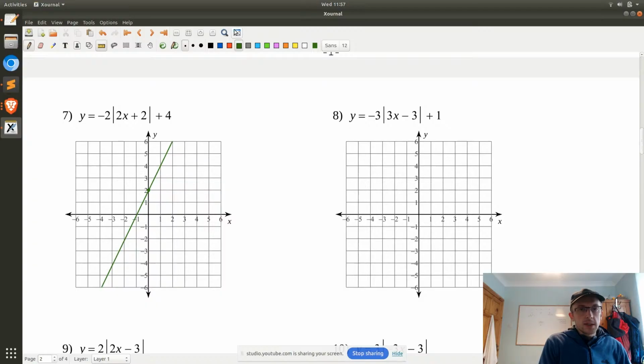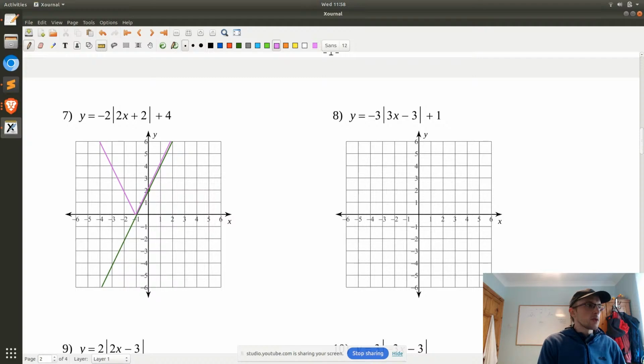But we want the absolute value of it. So, not using red. Red is for the very end. The absolute value of it will look like this. There.